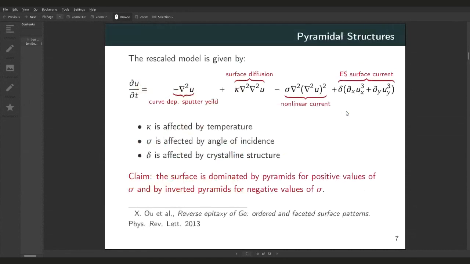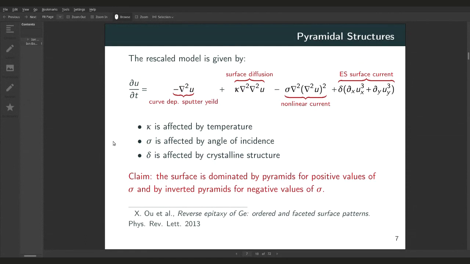Great. Thank you. Okay, so here's the model. So I just want to briefly mention everything that's encoded here. So we have the curvature-dependent sputter yield, we have surface diffusion, the nonlinear current, and the Schwoebel surface current. So the parameters here aren't perfectly tied to physical quantities, but they're, for example, kappa is affected by the temperature.